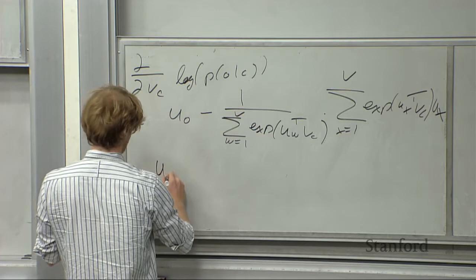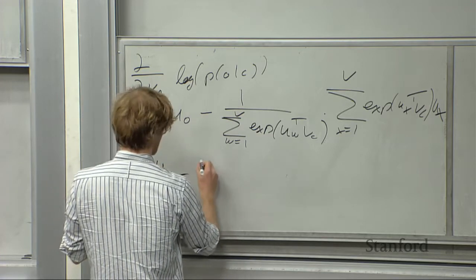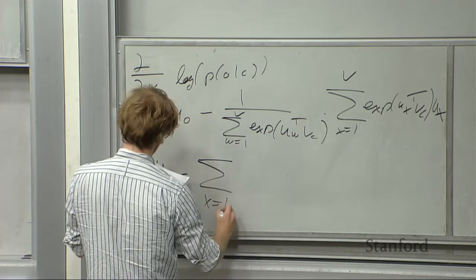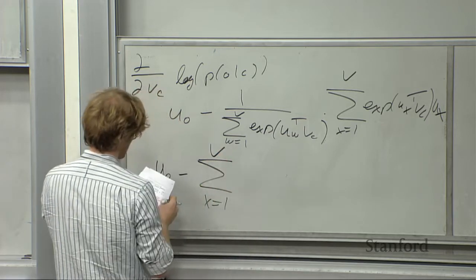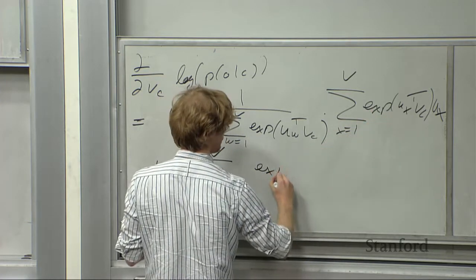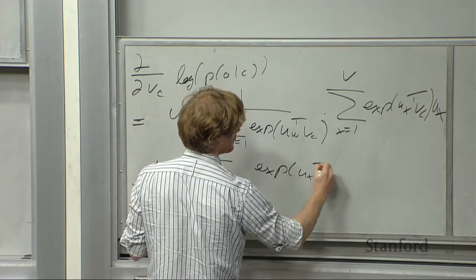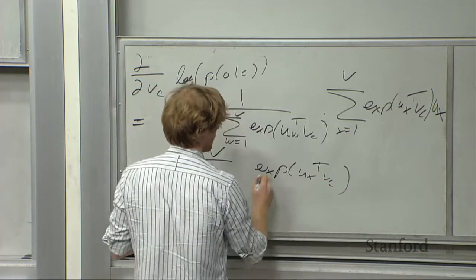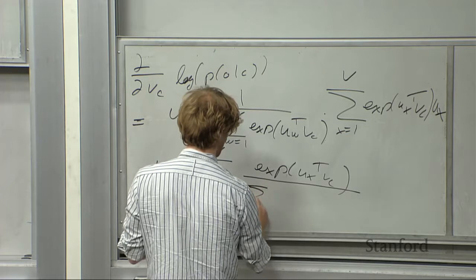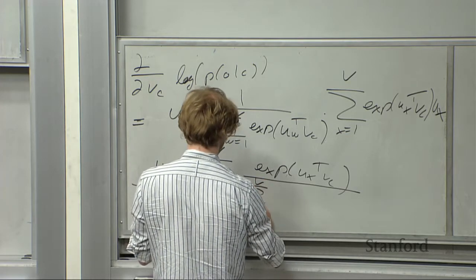So we can write uo minus, and this is why it was so important to keep different indices to keep your math correct. You now sum over all of x, and you have this part, the exponent of ux transpose vc, and you just keep this one inside here for every single element of that sum.